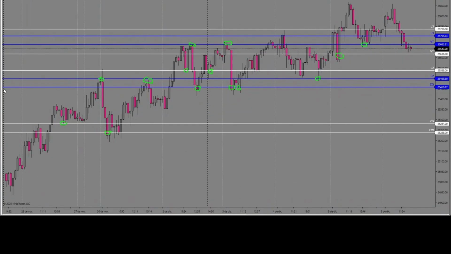Here's another example. See how many times the price touches our gamma levels. Price touches here, here, here. See how the price reacts to the gamma levels. Also, this is the 98 DTE gamma level. This is not 0 DTE. This is 98 days to expire, the date when all these levels will expire.